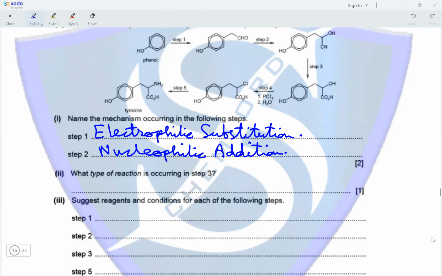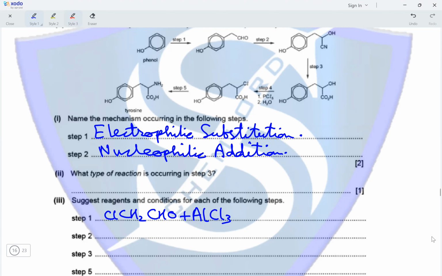Suggest the reagents and conditions for each of the following steps. In step 1, the reaction would be between Cl attached to CH2 attached to CHO, and because this is a chlorine containing compound, the catalyst would be AlCl3.